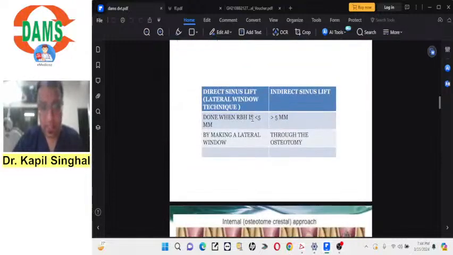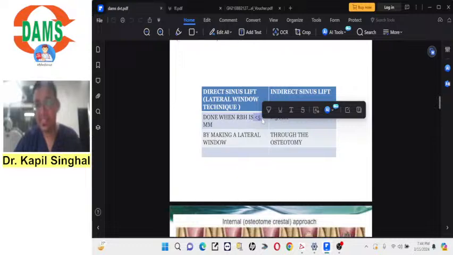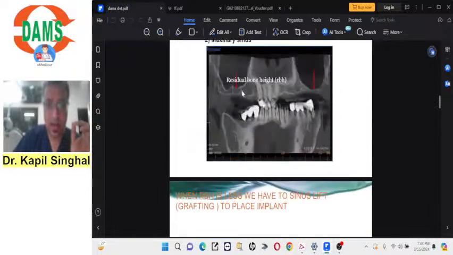Whenever this residual bone height is less than 5 millimeters, you do a direct sinus lift. Whenever this RBH, residual bone height, is 5 millimeters or less, you have to do a direct sinus lift.